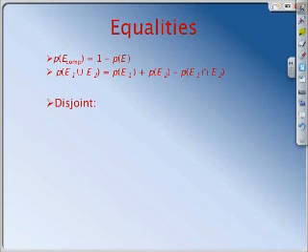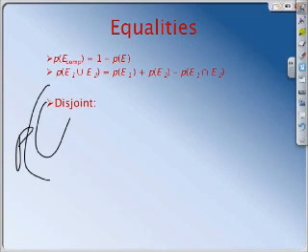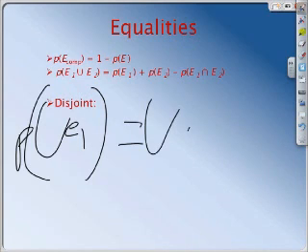If they're disjoint, what we do have is the probability of the union of said events is equal to the sum of the probabilities of said events.